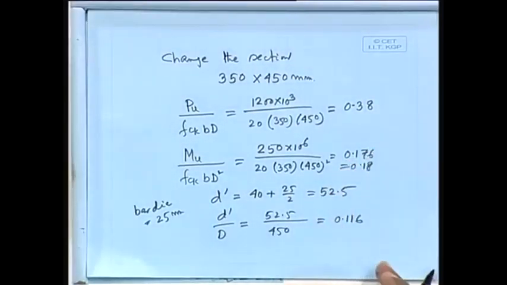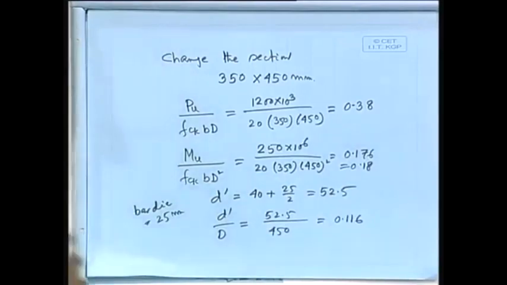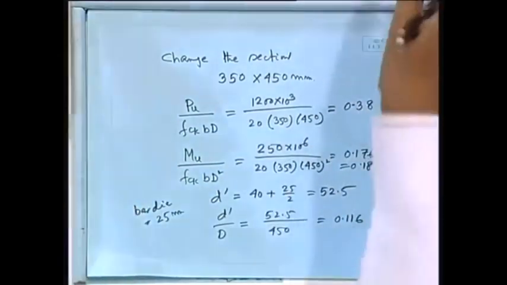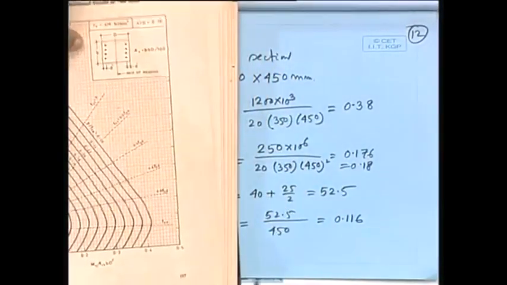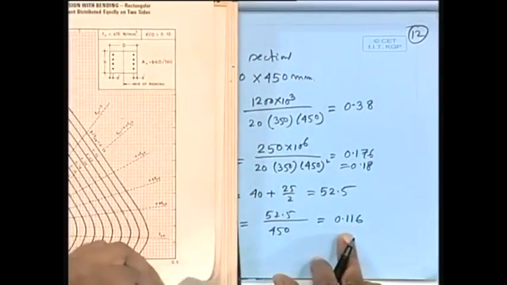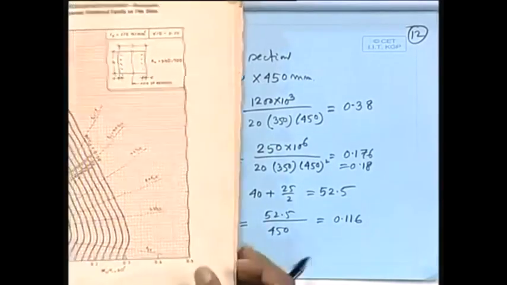So what we can do then, the corresponding chart we can take here. Let me find out that one here, 11, 12, yes. So 0.116 is d dash by D, and directly we can take 0.15.